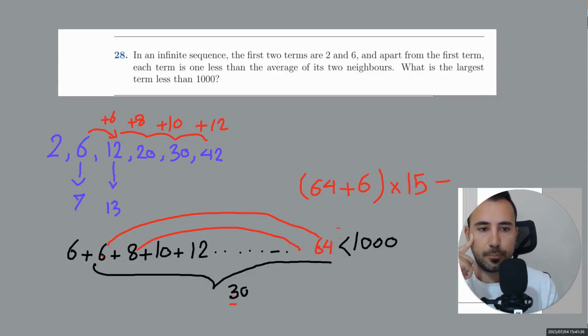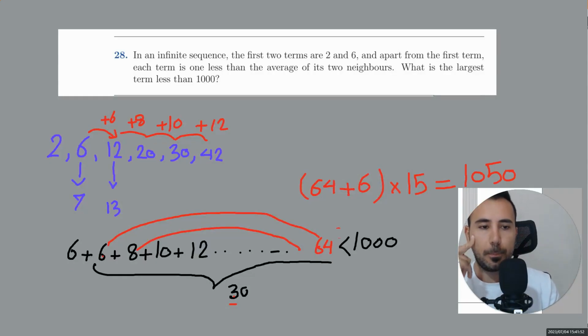So it will be 70 times 15, 1,050. Remember, we didn't count this 6. So 1,056 would be all of this.